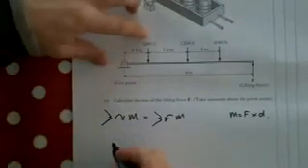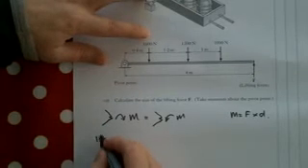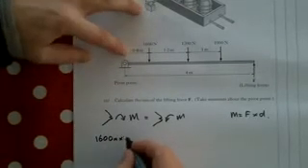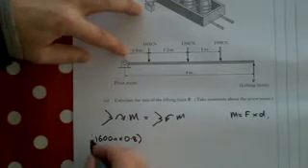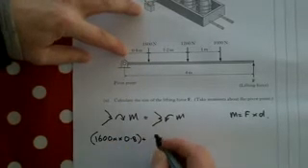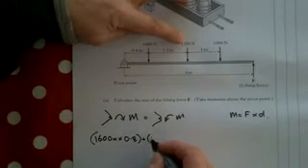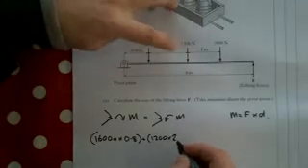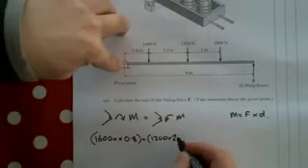First of all, I've got 1600 newtons multiplied by the distance away from the pivot point, 0.8. You must add to that 1200 newtons multiplied by the distance away from the pivot point, 2 meters, not 1.2. You've got to go all the way back to the pivot point.